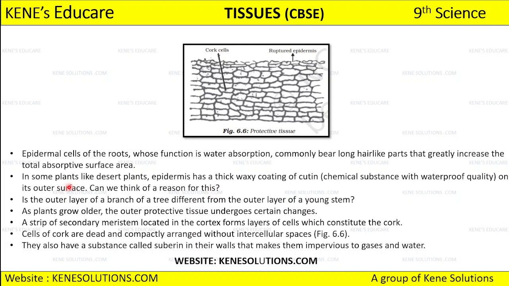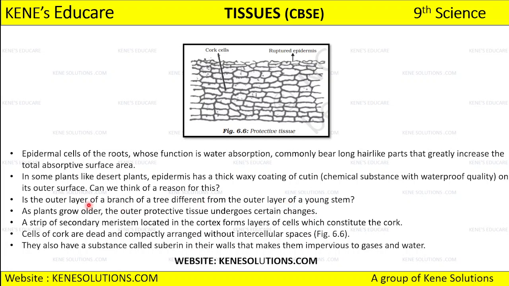So in some plants like desert plants, what happens, epidermis is going to have a thick waxy coating of cutin. क्या होता है epidermis पे? Thick waxy coating of cutin, which is a chemical substance with waterproof quality, जो उसके outer surface पे present है. Now can you think of the reason why there is a chemical substance with waterproof quality?